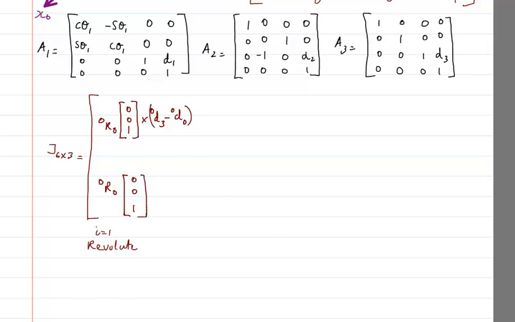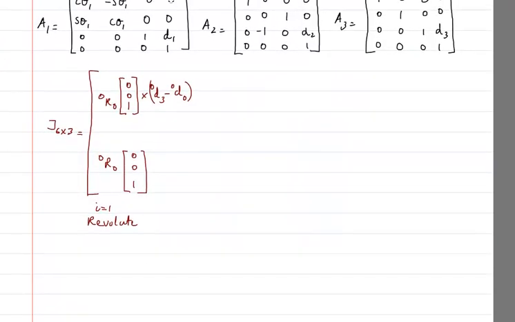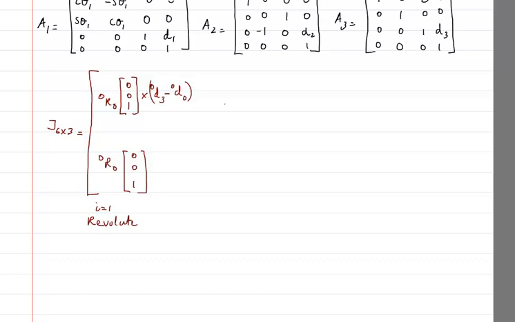The second and third are both prismatic joints, and we already know the equation for the prismatic joint. It's just the first half, it is 0r_{i-1} times 0 0 1, and the bottom part is just all zeros. So I will write here I is equal to 2, which is a prismatic.